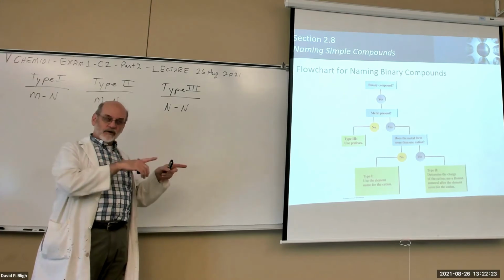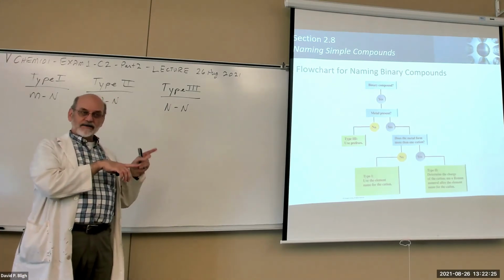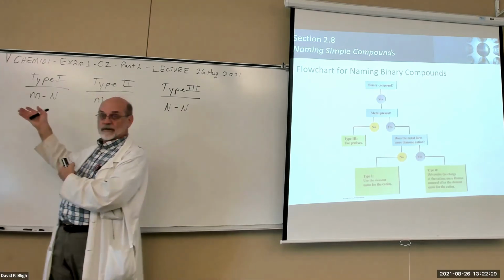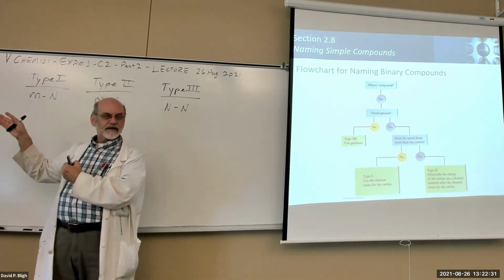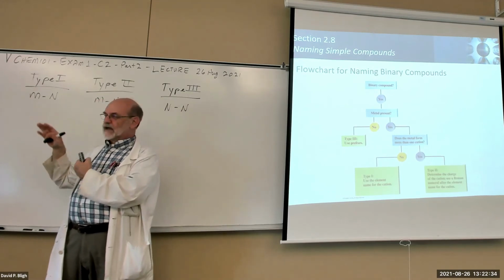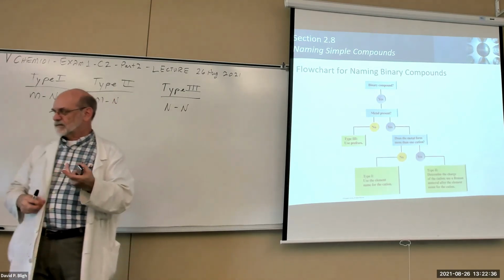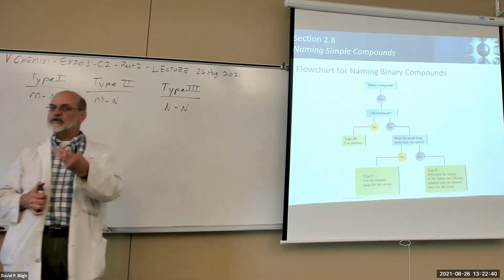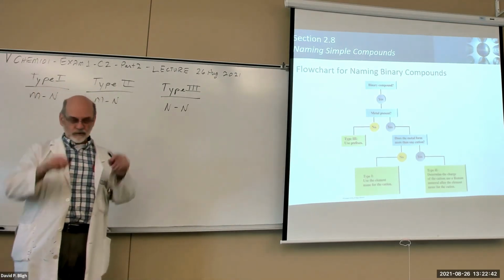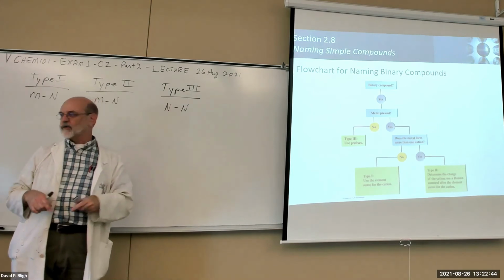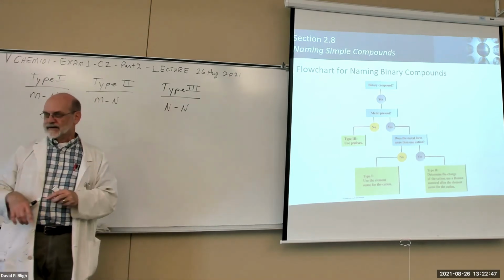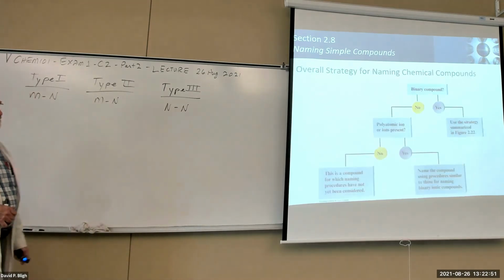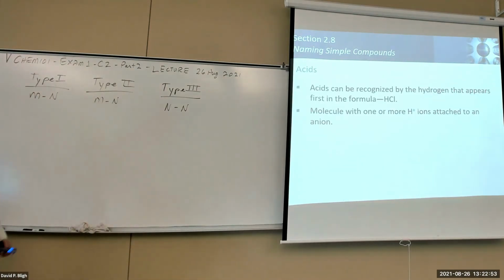Then, if it's in the type 1, type 2, you decide, is it a metal that's fixed charge? So you look at your periodic table, where does it come from? That'll tell you if it's fixed charge. And then, if it's not one of those, then you have to find out what the charge is. You have to deduce the charge, either from the name with a Roman numeral, or from the compound if you're going to name it. Okay.